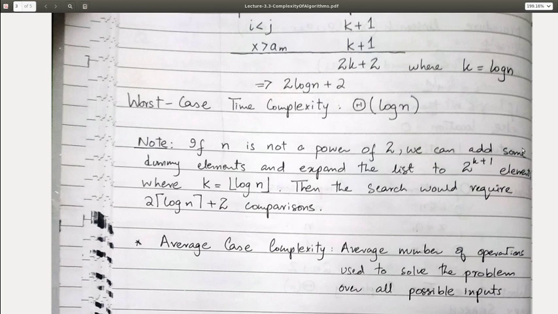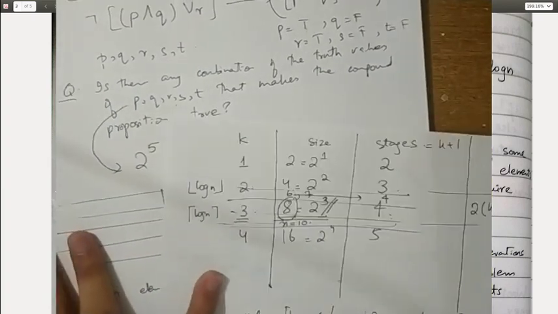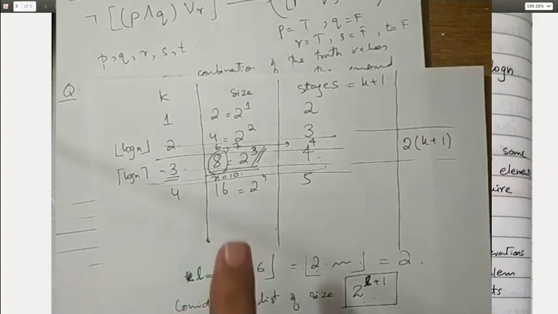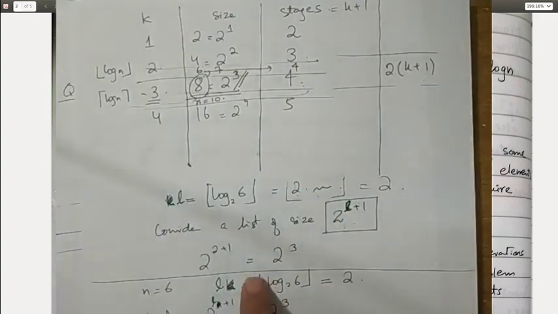So let's suppose, let me find the log. Okay, and so the idea was this: if it's not exactly a power of 2, when you take the log, it will be in decimals.